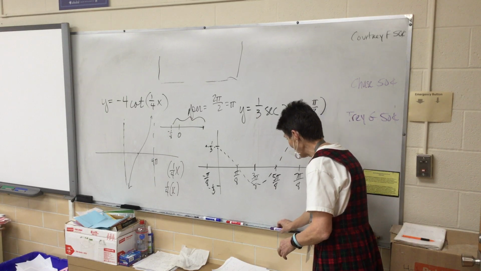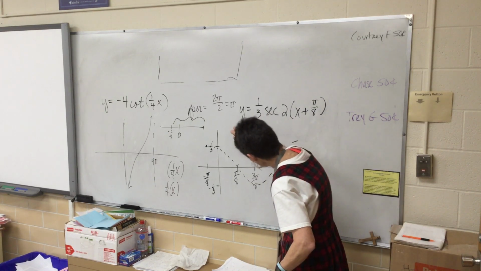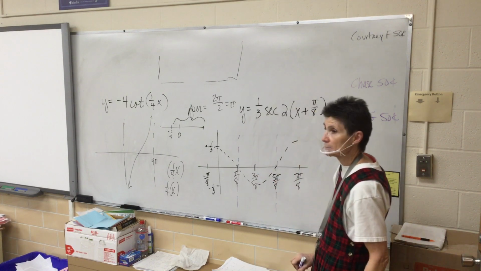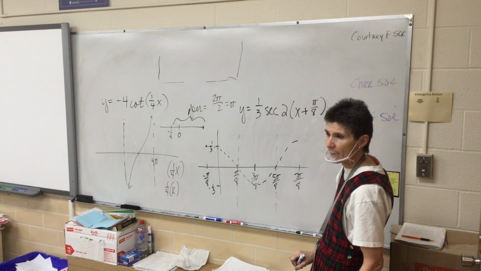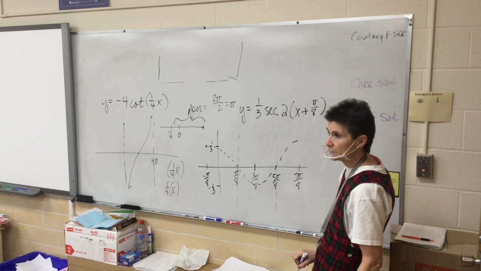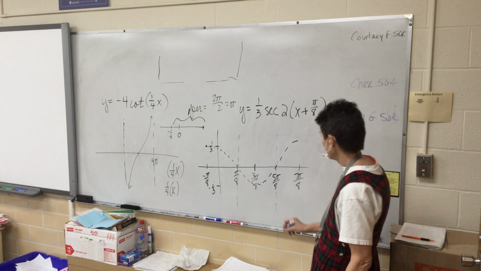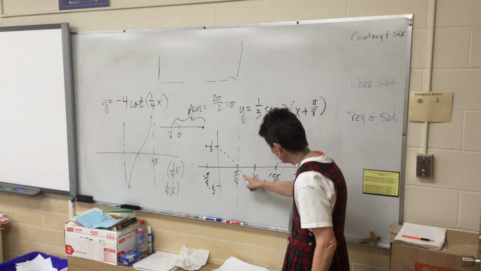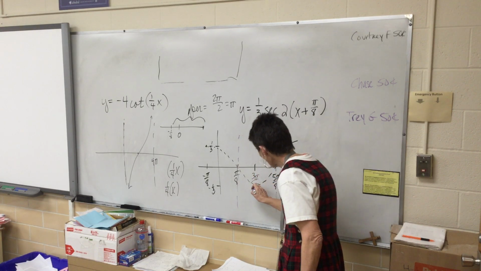Now I'm going to drop in my asymptotes, and I drop them where it crosses the axis. Right? Now, this part's not broken. I have the whole valley, so I'll flip that over.